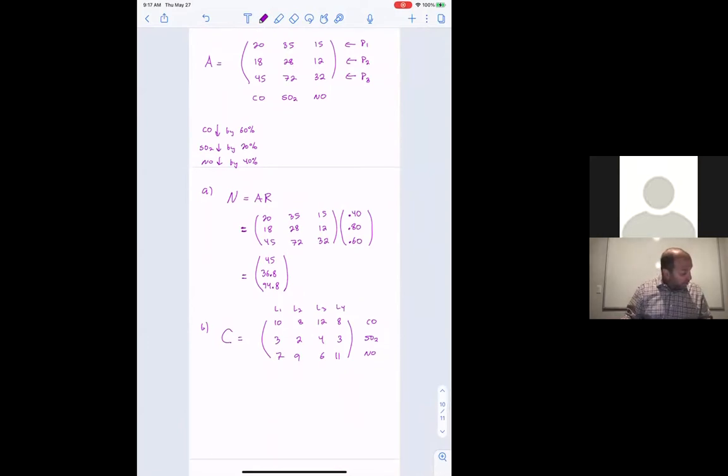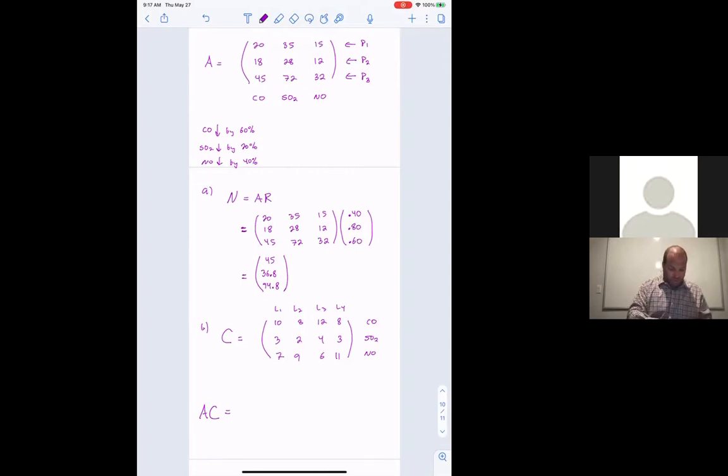So it says the daily cost is given by this matrix. Part B, find AC and describe the meaning of its entries. Well, let's first find AC. Again, A is 3x3, C is 3x4. I don't want to do this by hand. Back to the calculator. Matrix, edit, A, 3x3. Oh, I already have it in there. Wonderful.